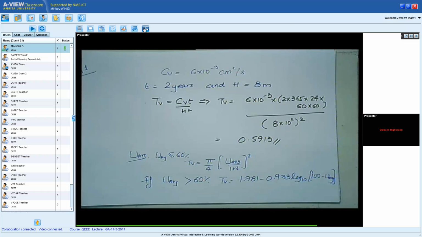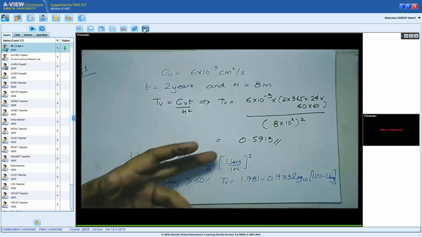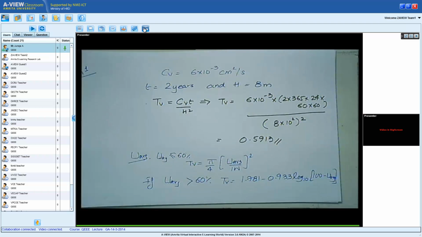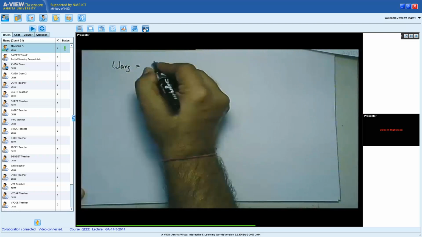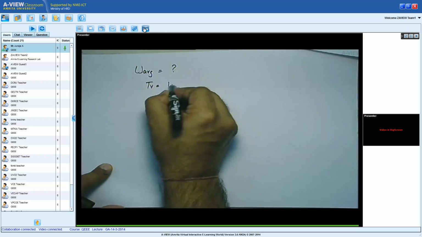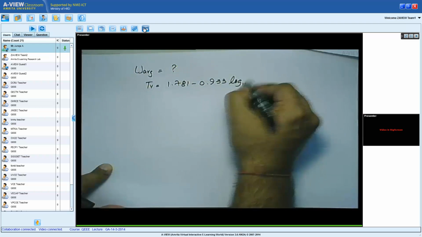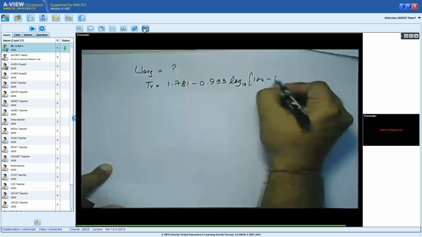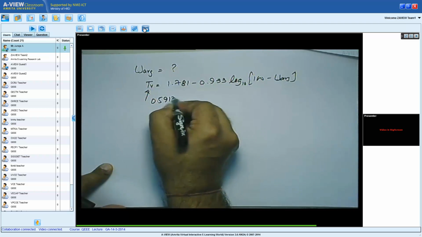So I'll place a bet on the second equation, because TV looks like a bigger number to me. Let's try the second equation and deduce U average. In the second equation, TV equals 1.781 minus 0.933 log to the base 10 of 100 minus U average. In this case, TV is 0.5913.